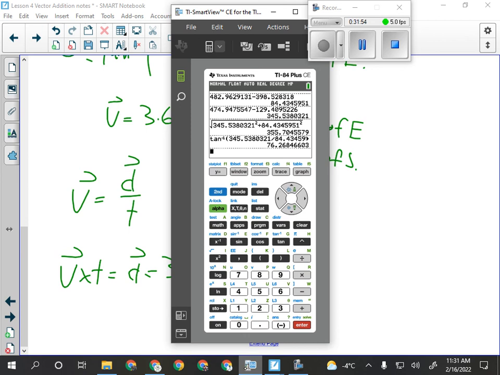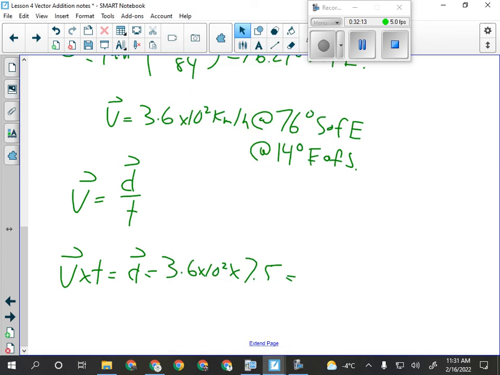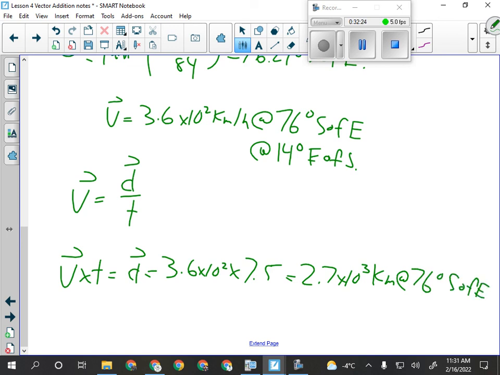So 3.6 times 10 to the 2, times 7.5. All right, 2,700 kilometers. But we only have 2 significant digits, so 2.7 times 10 to the 3 kilometers at 76 degrees south of east, or at 14 degrees east of south.